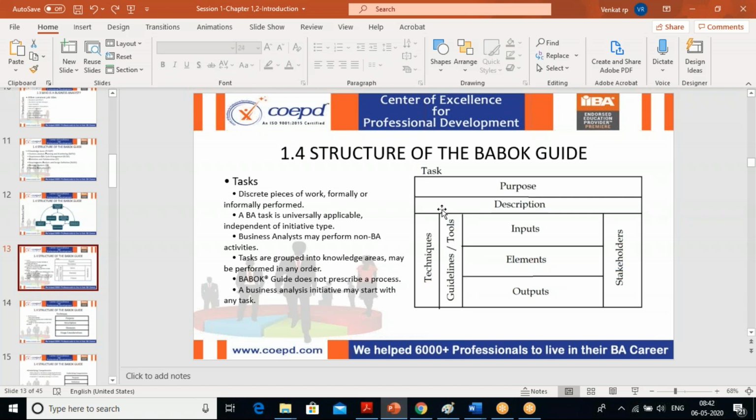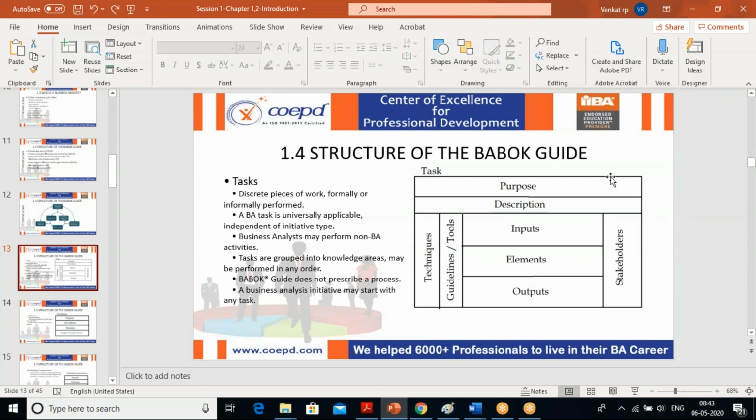That means a particular task has many sections. If you perform a particular task, we have to understand why you are going to do it, the purpose; the description, how and where you are going to do it. Then the inputs, that means what inputs you take to start this task, and what outputs you are going to generate, and the elements, the process, like the resources you will be using.